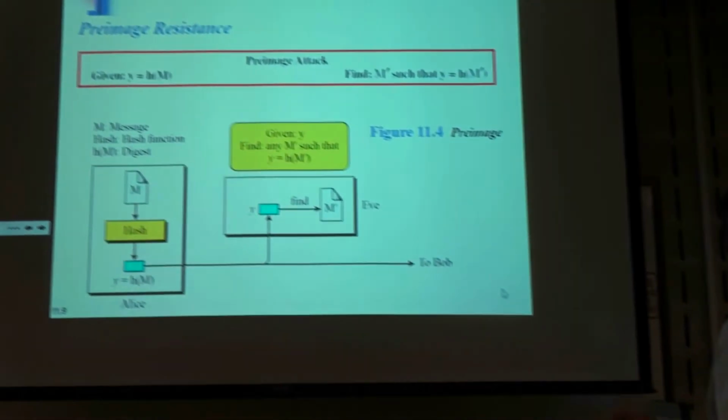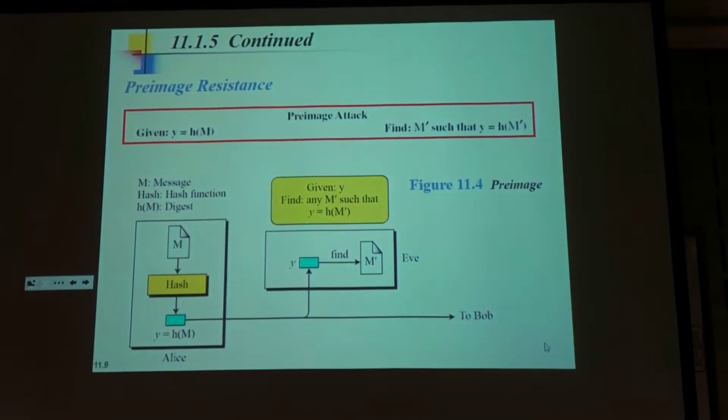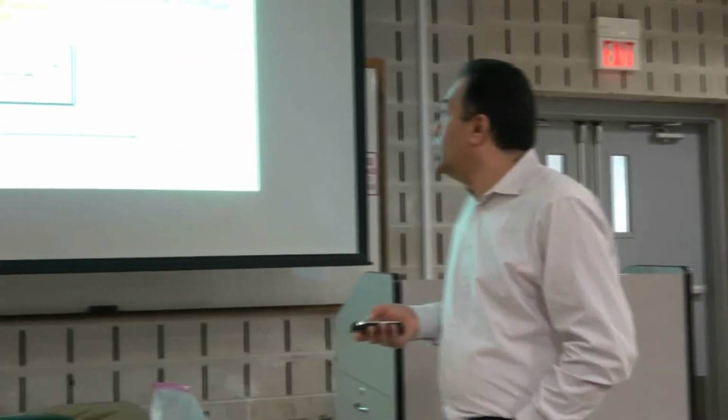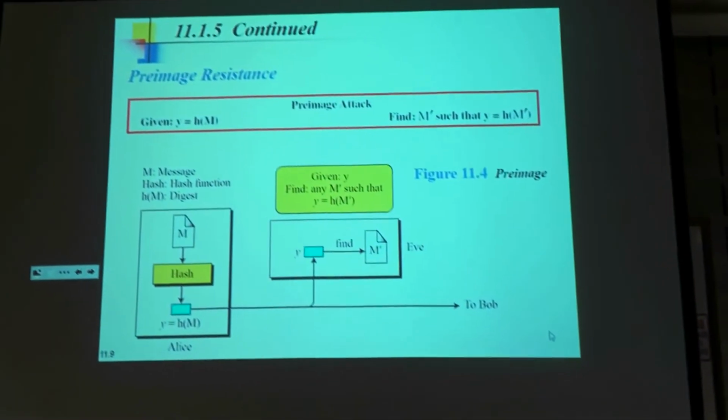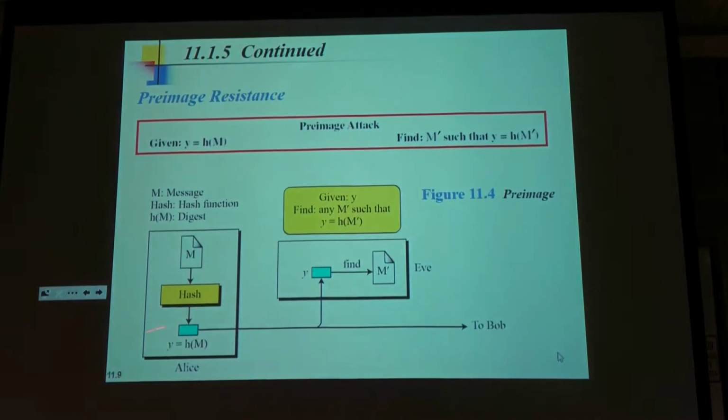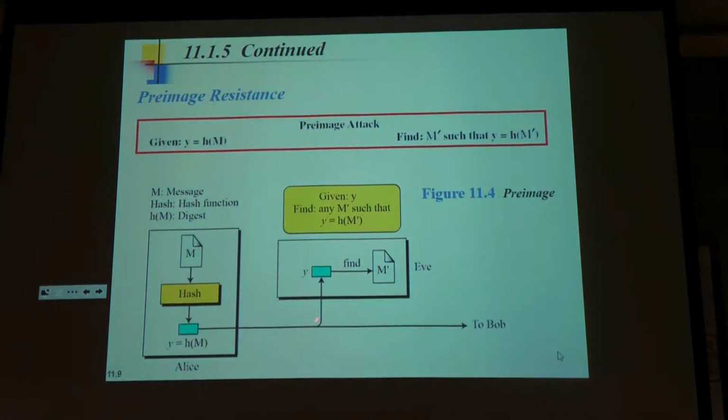That's Alice. In all the examples in this book, Alice is a good woman, Bob is a good man, Alice is sending to Bob, and Eve is the bad person. So good Alice sends it to good Bob. What will happen if Eve gets the hash, which she can, because the hash is sent over the network?